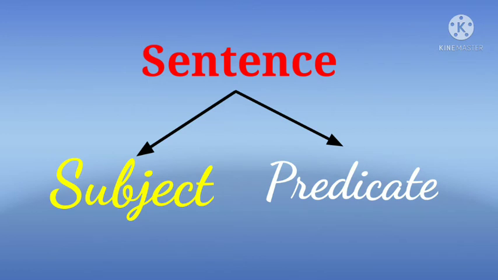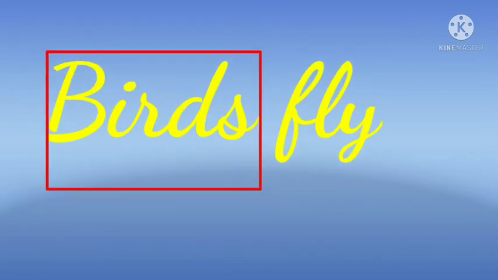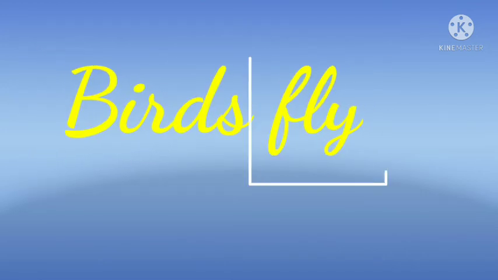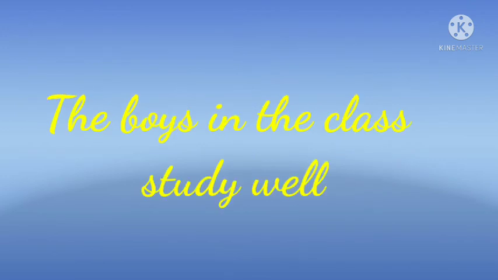Or the subject refers to a person, place or thing, and the predicate is what is said about the subject. In the sentence, birds fly, birds is the subject, fly is the predicate.